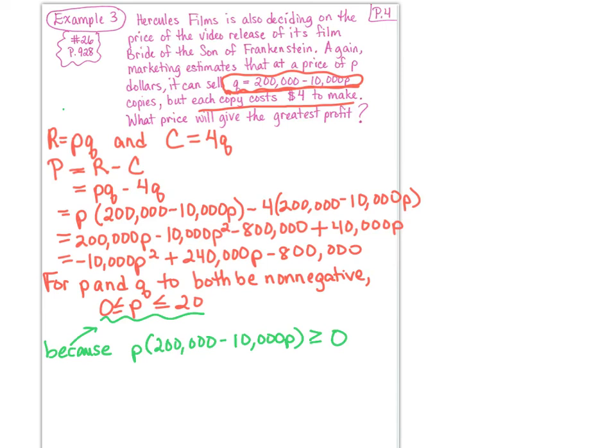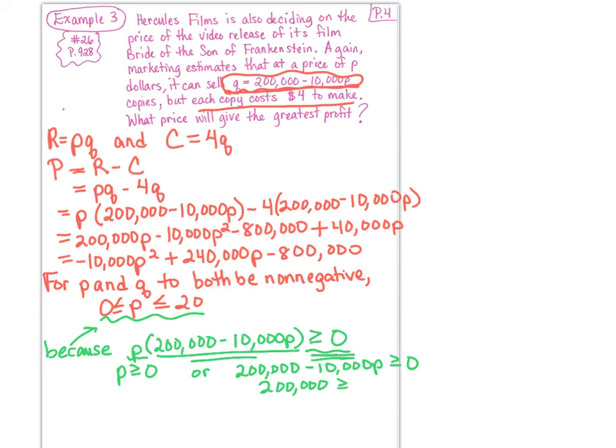That means either P has to be greater than or equal to 0, that's focusing on this part, or this part, 200,000 minus 10,000 P, has to be greater than or equal to 0. Well, this means 200,000 is greater than or equal to 10,000 P. Divide both sides by 10,000, and that gives you 20 is greater than or equal to P.